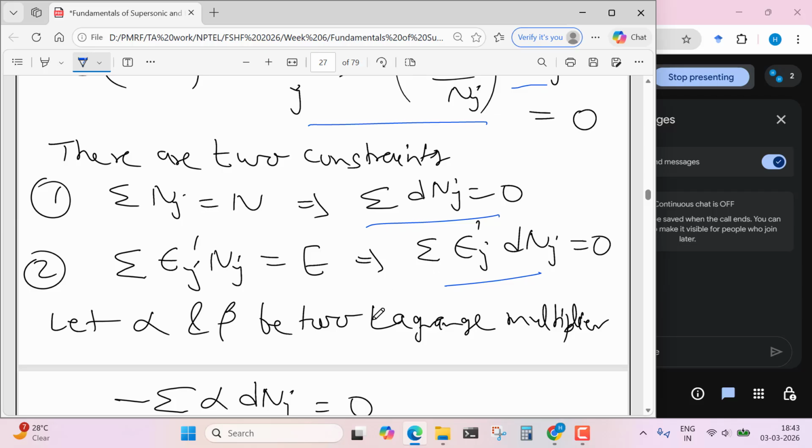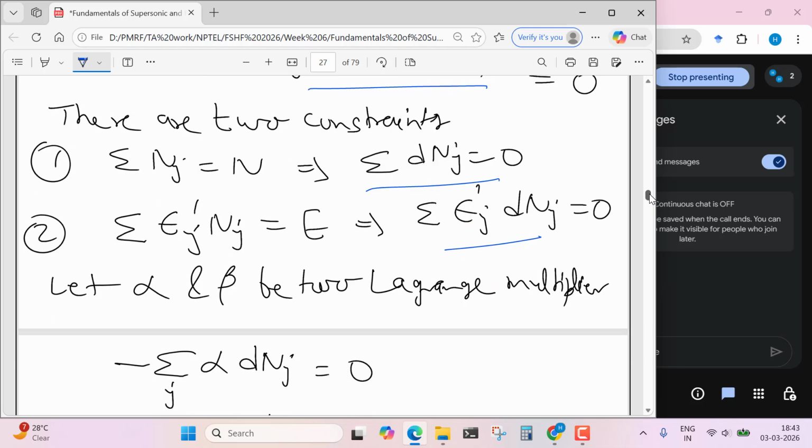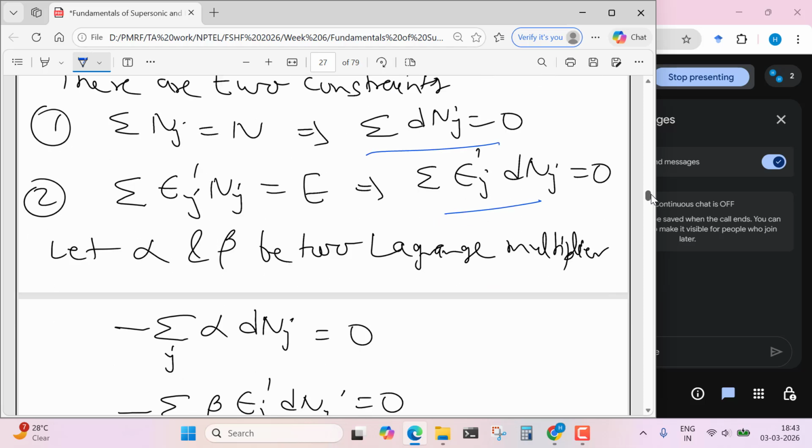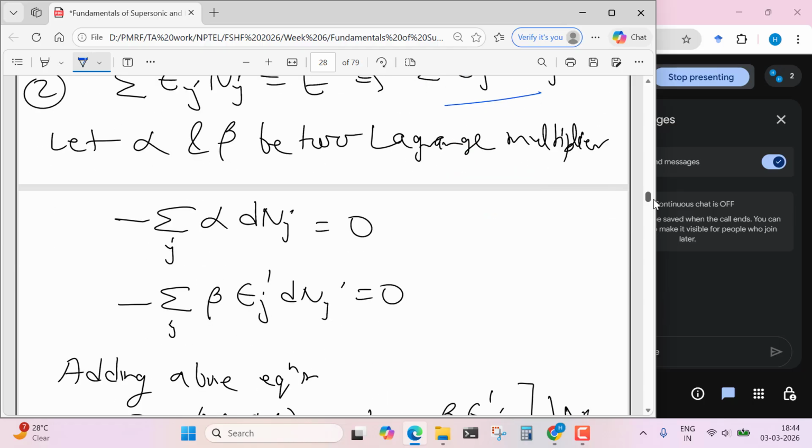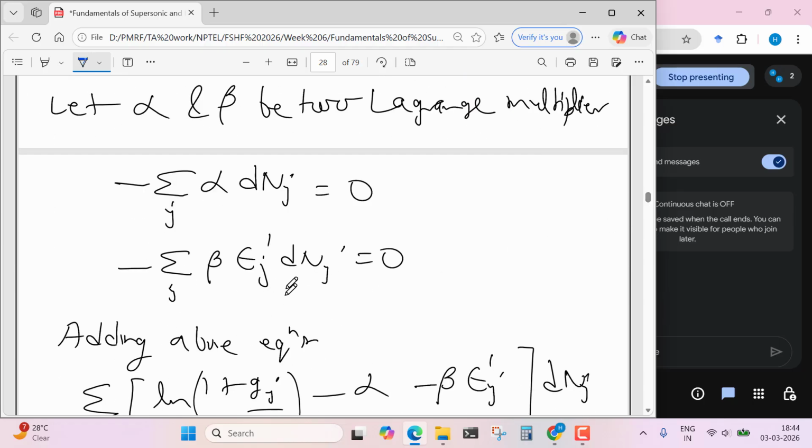Now we will solve this problem by the method of Lagrange multipliers. So let's say we have two Lagrange multipliers, alpha and beta. So minus sigma j alpha dnj equal to 0 and minus sigma beta epsilon j dash dnj equal to 0.